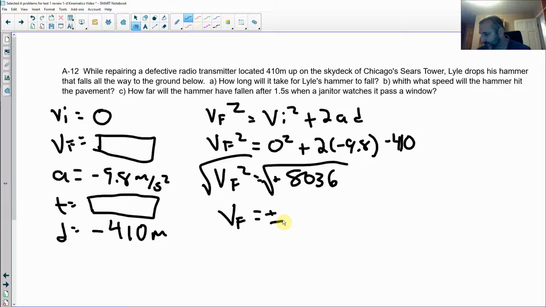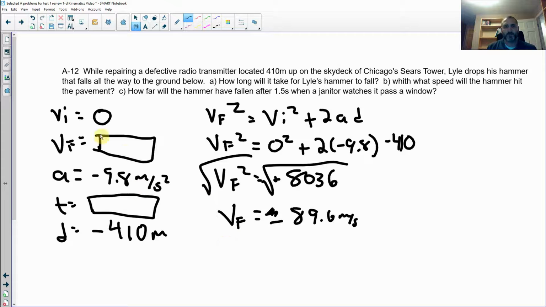The square root of 8036 is 89.6 meters per second. And the VF, because it's falling down, is going to be negative 89.6 meters per second.